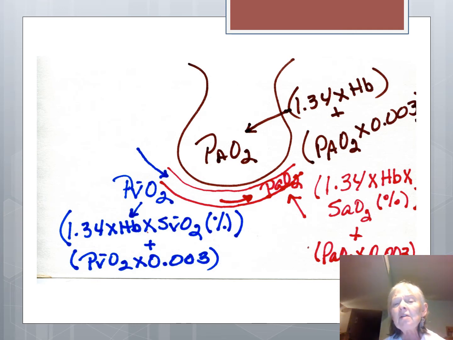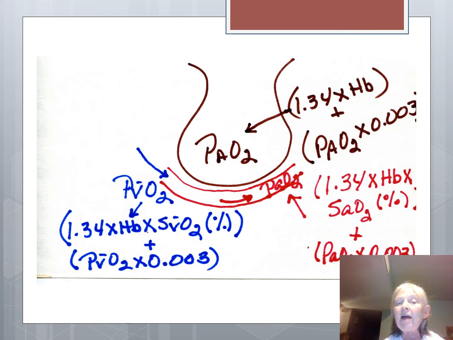And what I'm showing on this slide, let me grab my pen again, and I'll grab my red and go up here, is that the P big AO2 is up here at this particular point. This is what's going to be available, okay? And I want to know what that content is: 1.34 times the hemoglobin plus the P big AO2 times 0.003.